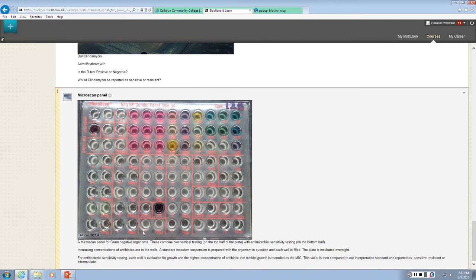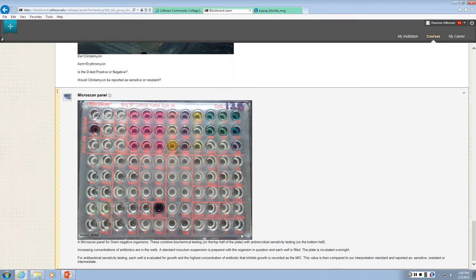So this well correlates to maybe 8 micrograms of antibiotic, and this is 16 micrograms of antibiotic. Notice it's a little hazy there, so the organism looks like it's resistant to both of those strengths of antibiotics. So my MIC is somewhere greater than 16.